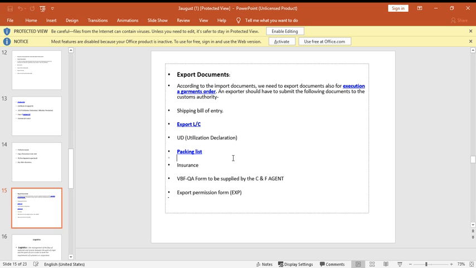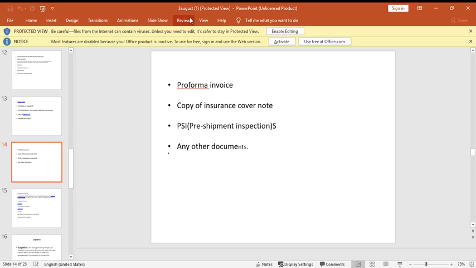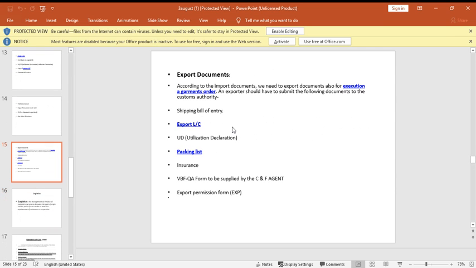First one is the shipping bill of entry, export L/C, then UD utilization declaration, packing list, insurance, that is BBFQA form to be supplied by the C and F agent, then export permission form EXP. So these are the export documents we have to submit in export pricing.